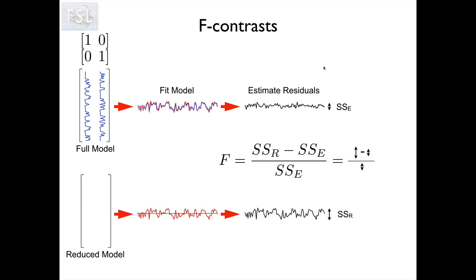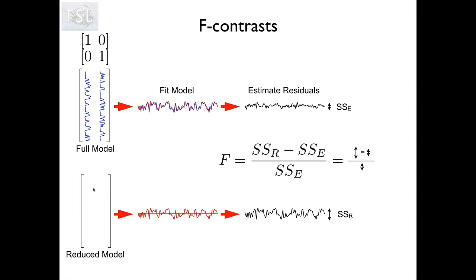The reduced model is simply the full model, but where we have removed any column that has a 1 in the F contrast. You can see this column here has a 1 in the F contrast, so we have to remove this column. This column here has a 1 in the F contrast, so we remove this column again. So the reduced model is simply no model at all.